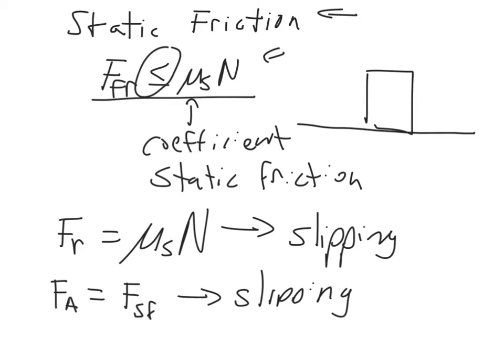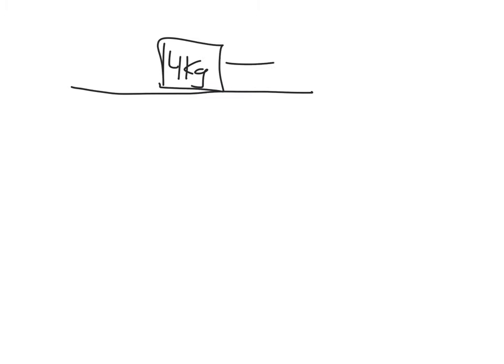Let me explain it a little bit better with a diagram. Let's say we had a 4 kilogram box sitting on a rough surface. Remember, rough is that idea that we do have friction, and it's being pulled by a string, so we've got some tension.